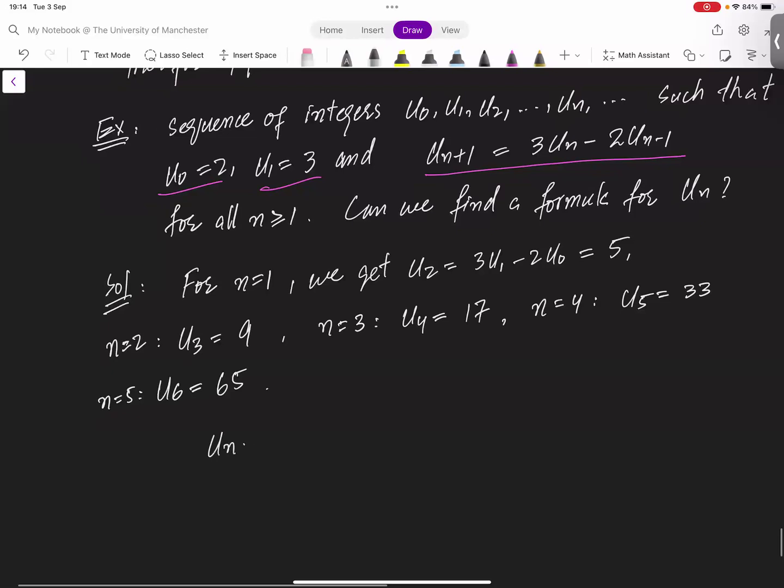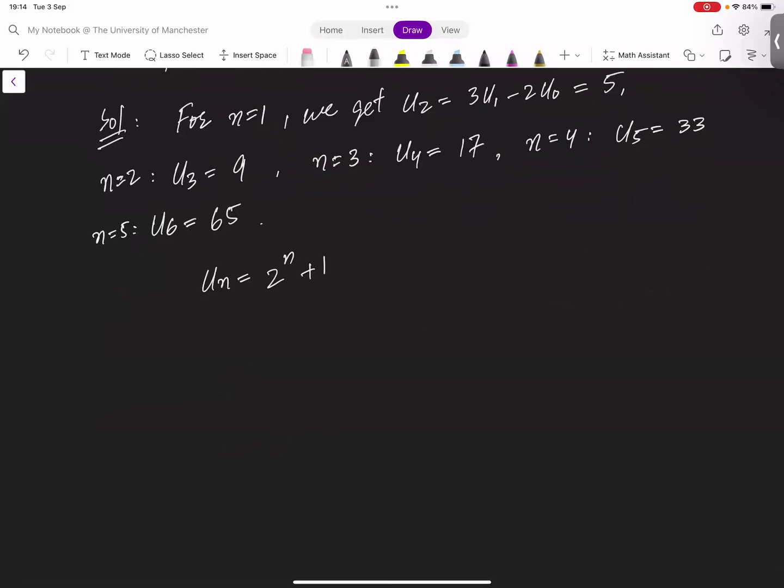A reasonable case seems to be that un is 2 power n plus 1. Okay, so let us try to prove by strong induction that un is 2 power n plus 1. So we have this statement. We have to prove this.